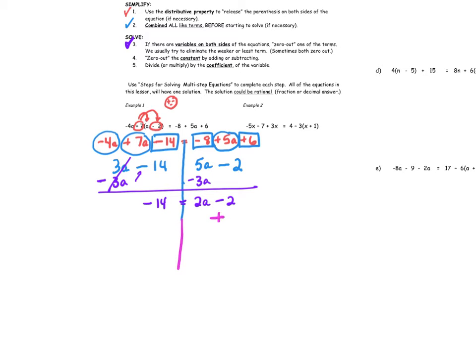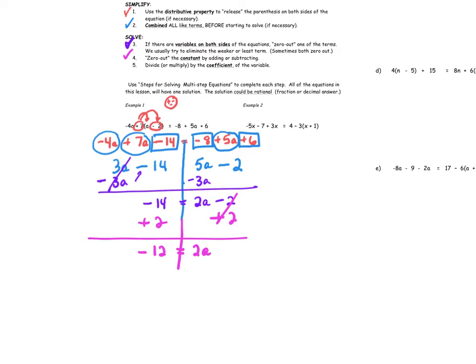We're going to add 2 to eliminate it. It eliminates the 2 over there. And if I have negative 14 plus 2, that leaves negative 12. And I've eliminated the negative 2, so 2a drops down. So we've completed step 4.